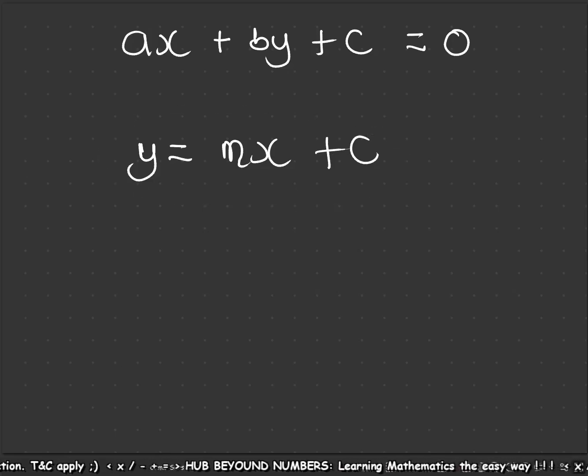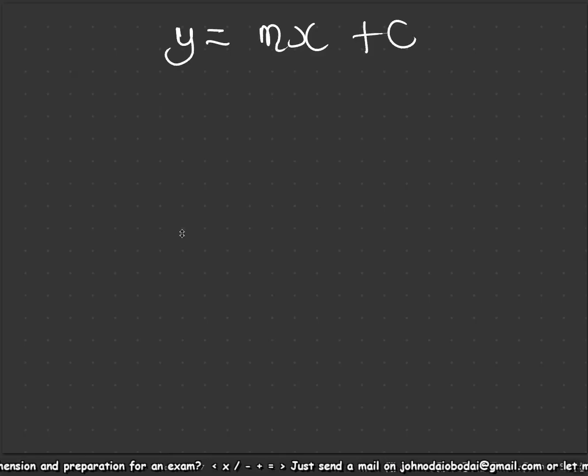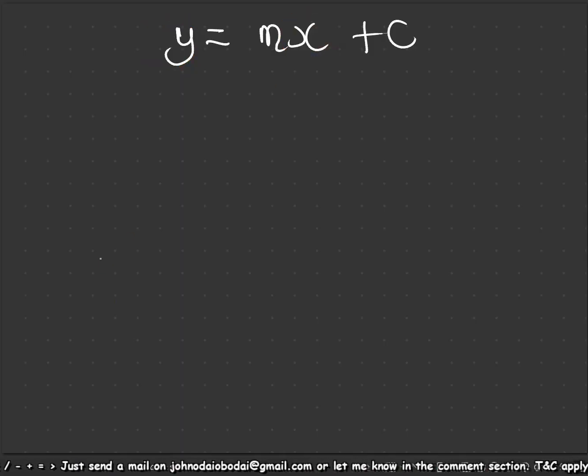Now, talking of the slope equation, let's get to know what each variable means. The x and the y we see over here represent the coordinates on the line at each point. But our m here, we call it the gradient, which we looked at in our previous lesson.